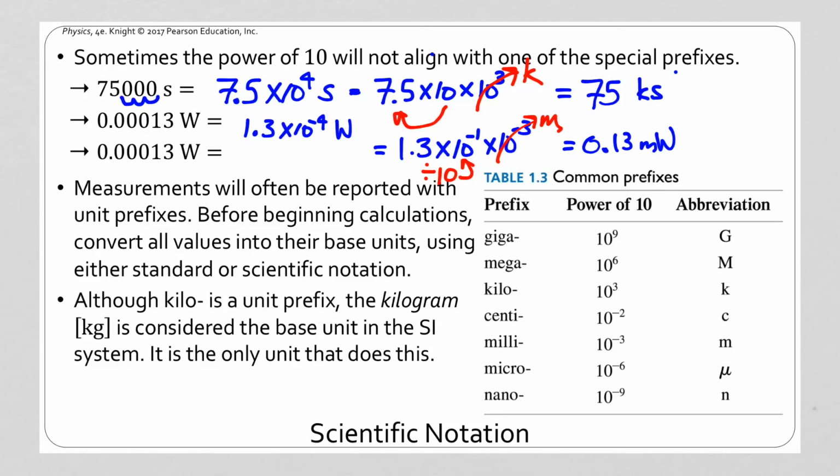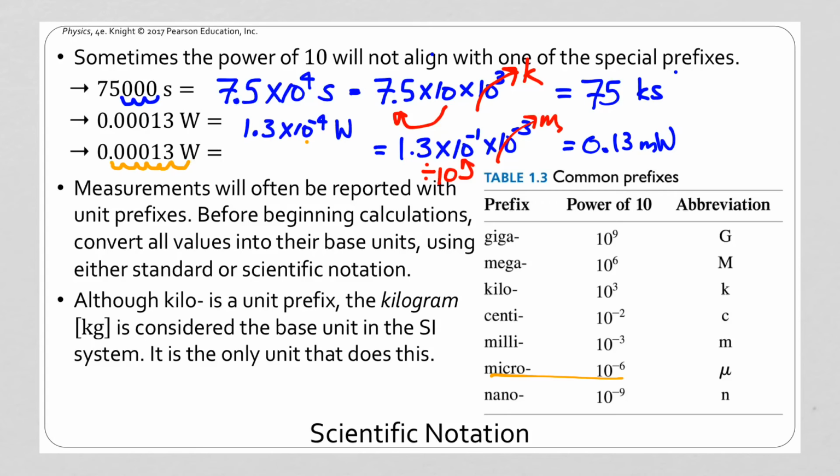I can go the other way with this as well. 10 to the negative 4 is smaller than 10 to the negative 3. It's bigger than 10 to the negative 6. So I could go either way with these values if I wanted to. For example, if I'm moving my decimal place 1, 2, 3, 4 places to get 10 to the negative 4, I could also move it 5, 6 places to get to 10 to the negative 6.